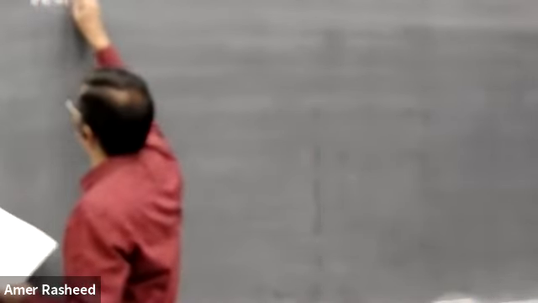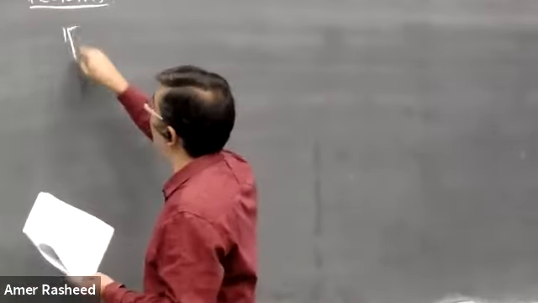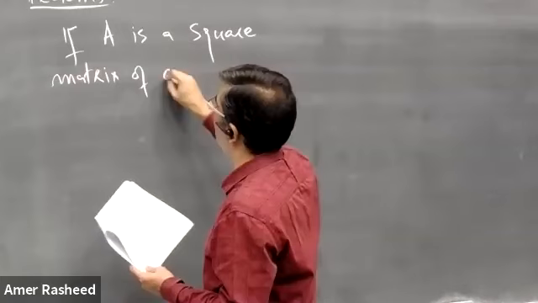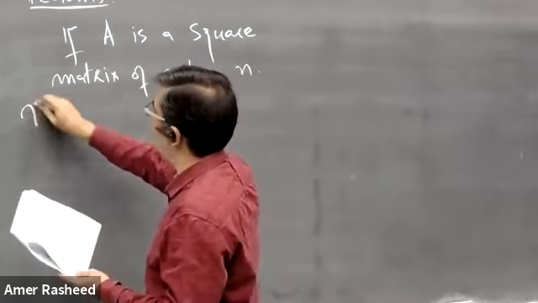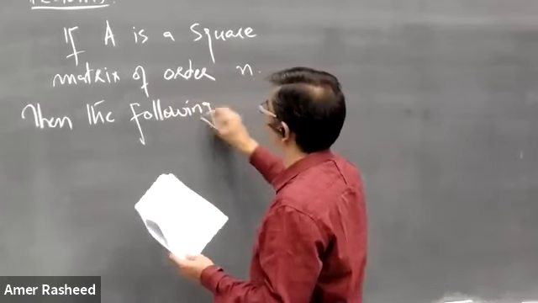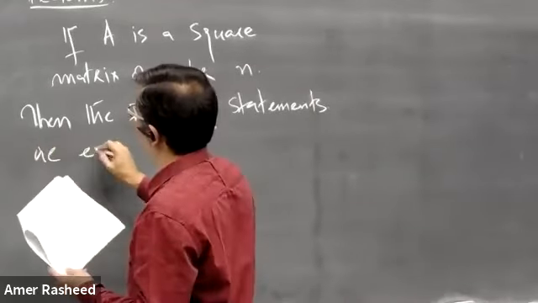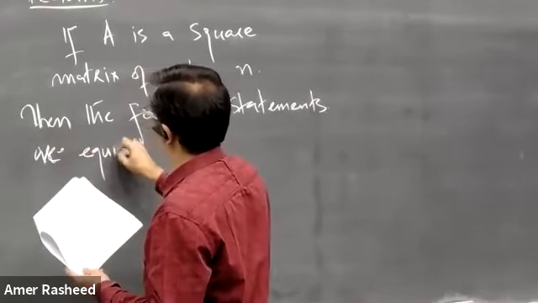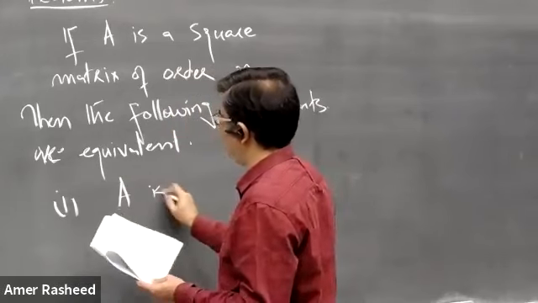So, if A is a square matrix of order n, n could be any order, then the following statements are equivalent. Number one, A is invertible.